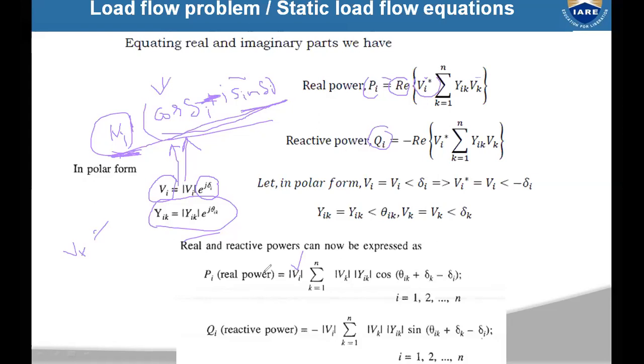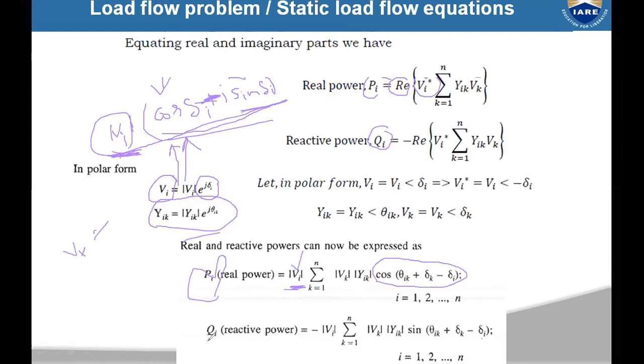Now if you separate only the real part, you will get the real power Pi, which is magnitude of Vi, sum of k equal to 1 to n, magnitude of Vk, magnitude of Yik, cos of theta ik plus delta k minus delta I.